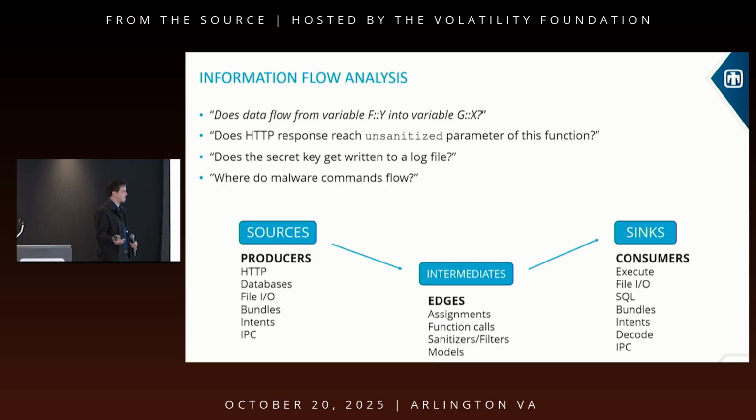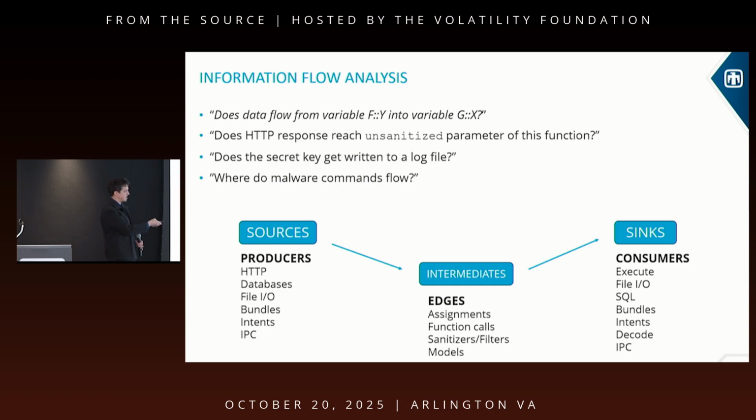So CTADL was developed to reason about these questions, and it looks at them in the following way. Sources of data are whatever you would like. You can tag whatever you'd like in the system to say, I'm interested in data that comes from the database and where it flows. And sinks are similarly whatever you're interested in. You have to tell CTADL, hey, I'm really interested in data that gets written to files.